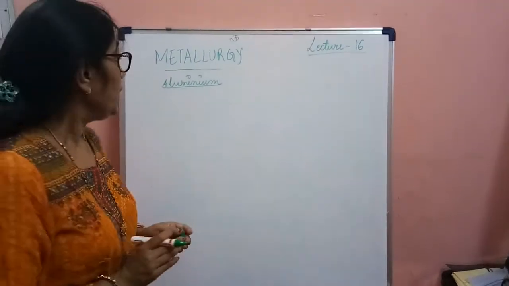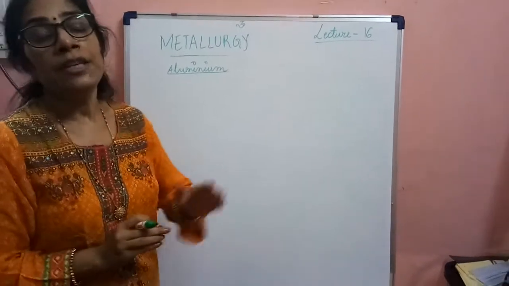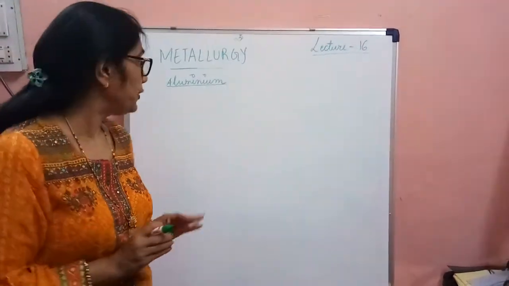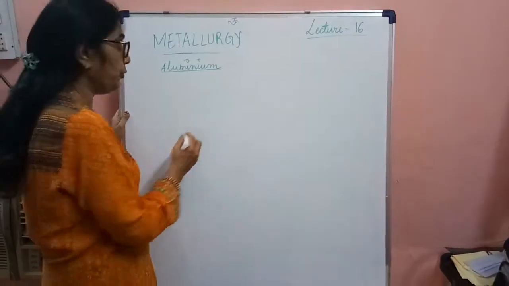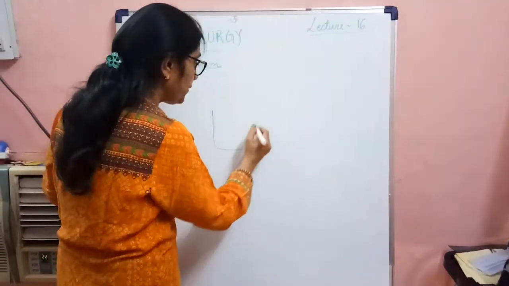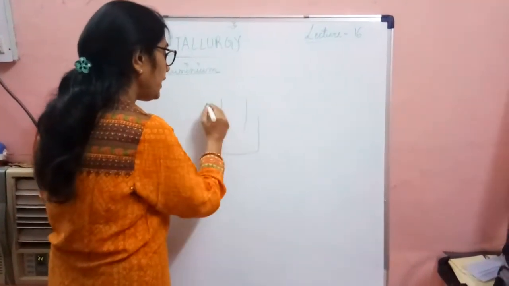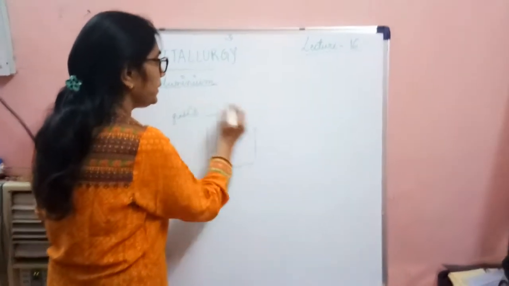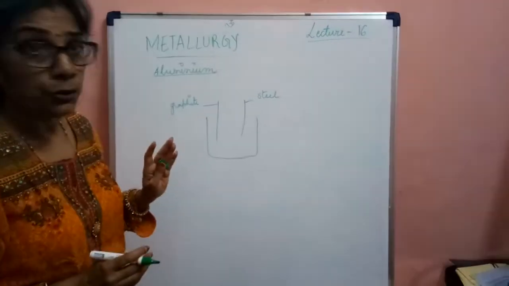Now aluminium, as you all know, is extracted from bauxite, Al2O3.2H2O. And the moment we get the pure alumina, Al2O3, it is transferred to an electrolytic tank. Here the anode is made up of graphite and the cathode is a steel rod, which acts as cathode.